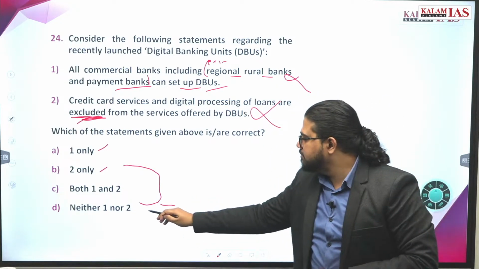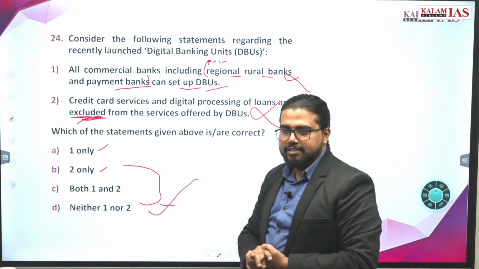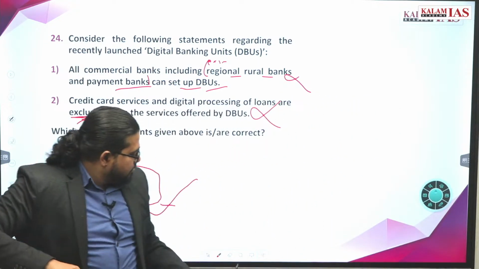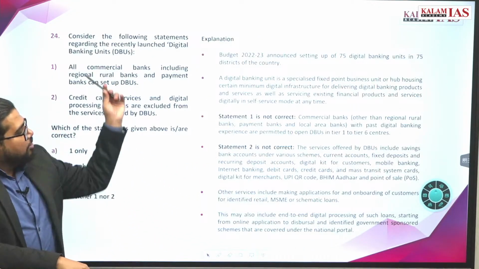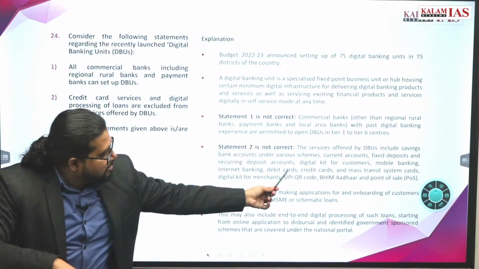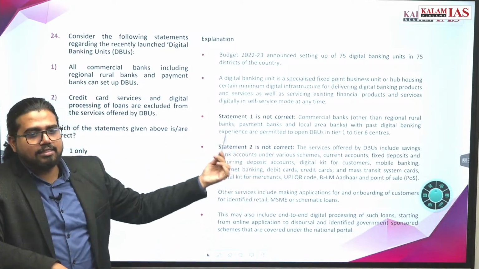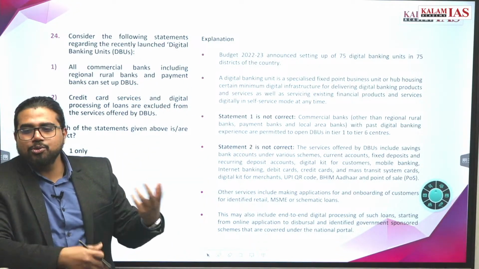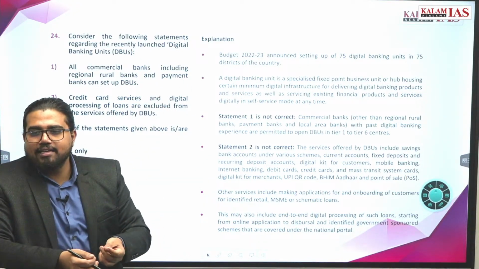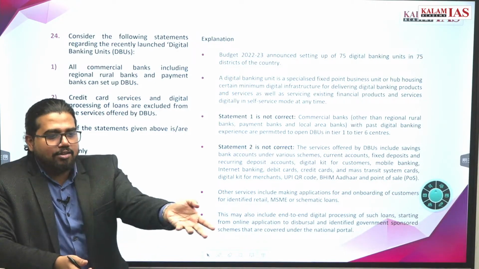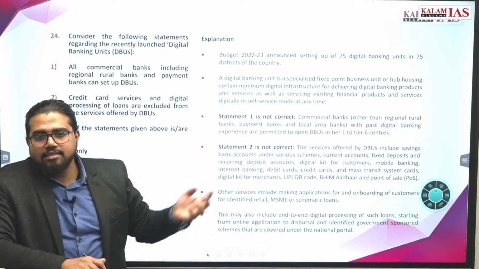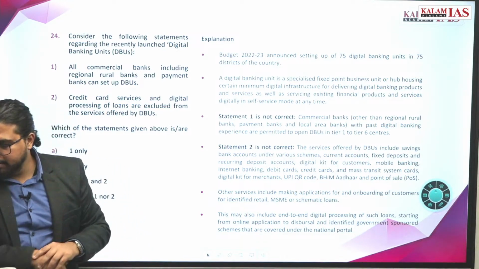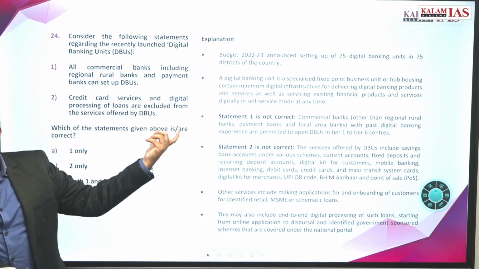What are we left with? Option D. So all these services are being provided by these DBUs. It is basically a digital machine. Those who cannot do online banking efficiently can go there and get these services done. Even credit services are part of it.